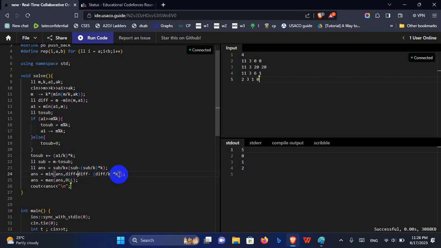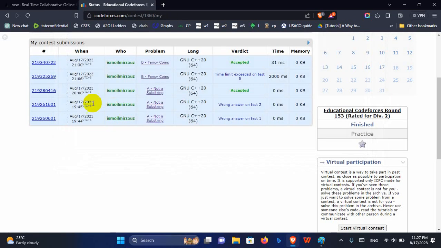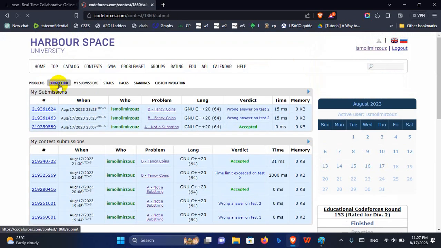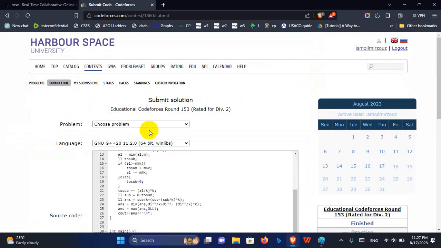So let me remove these ones. Diff. Oh, this difference divided by k, actually it is. So it was a typing error. Let me submit this.